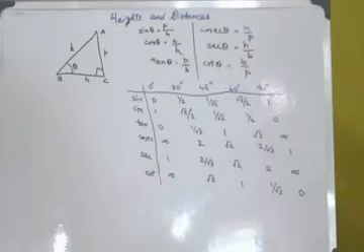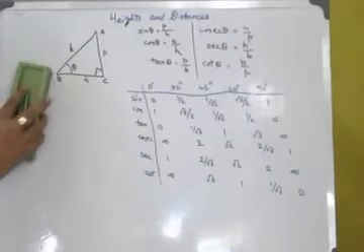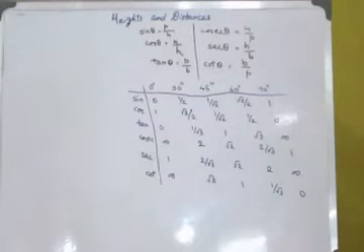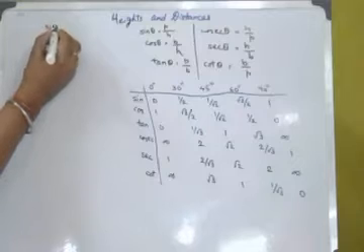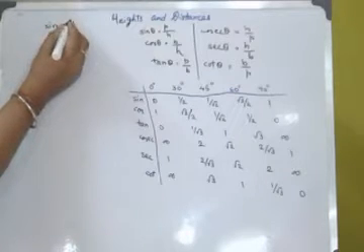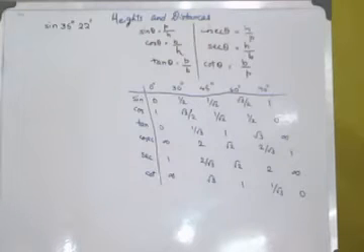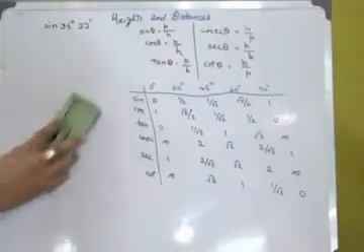Now if we have to find the trigonometric values of a non-standard angle, suppose we want the value of sine 35 degree 22 minutes, how do we find sine 35 degree 22 minutes?